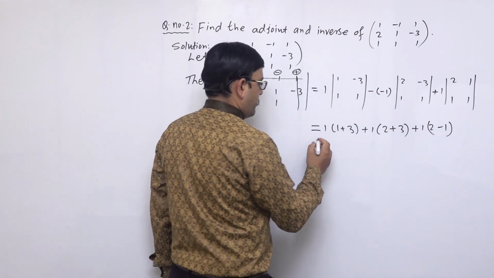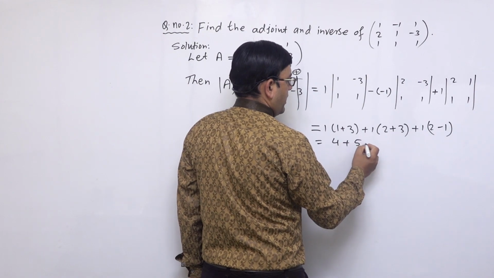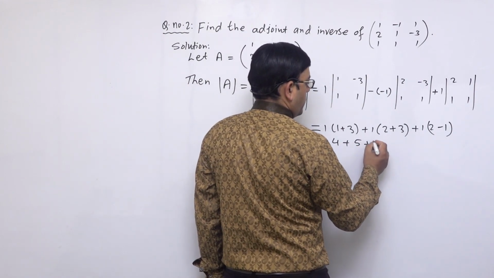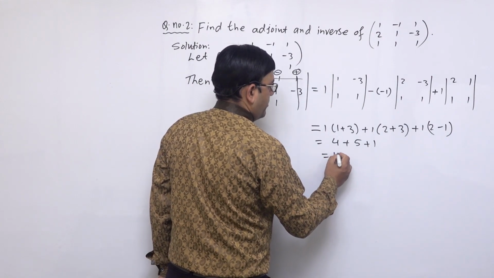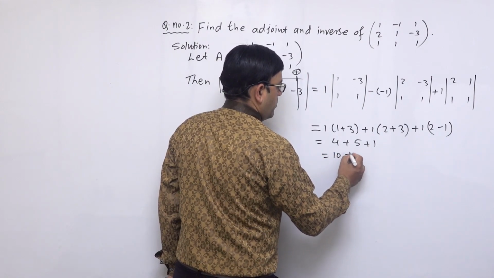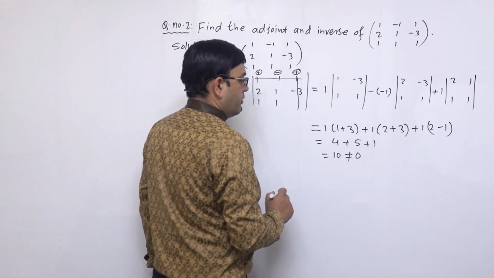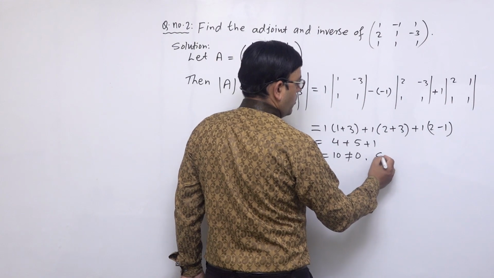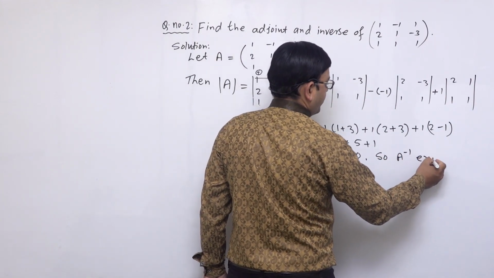So this is equal to 4 plus 5 and then plus 1, so it is equal to 10, which is not equal to 0, so we can write that A inverse exists.